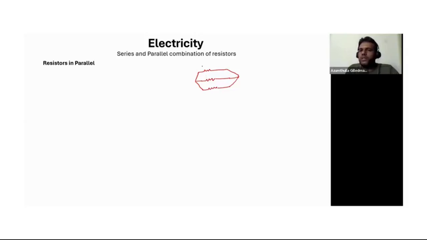So I have three resistances, R1, R2, R3, connected like this to a battery source, which is V. And here you have a switch, and then I have a meter to measure the current. So this is the circuit.